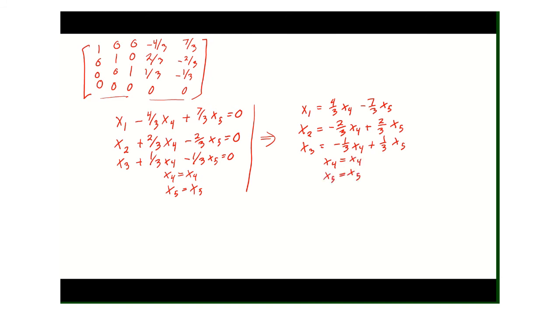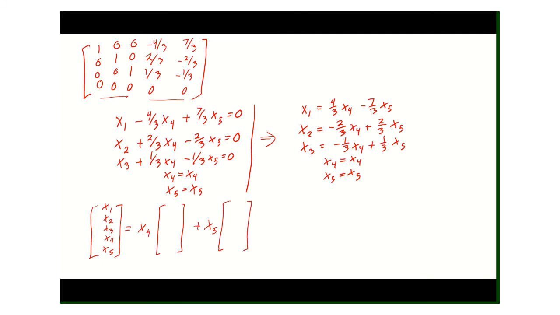Now that we have it in this form, we can write our general solution, x1, x2, x3, x4, and x5. We have two free variables, x4 and x5. So our solution is going to look like that.